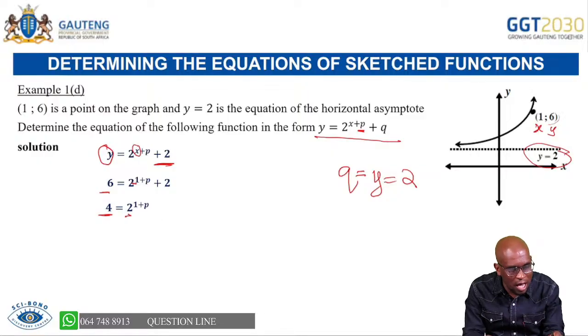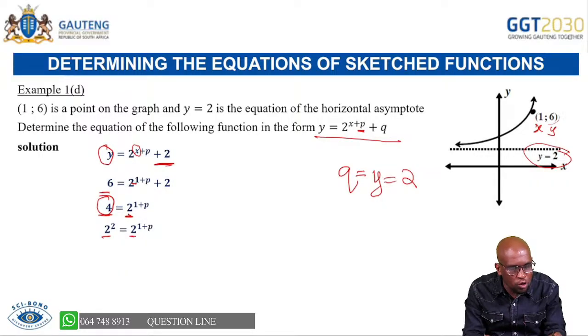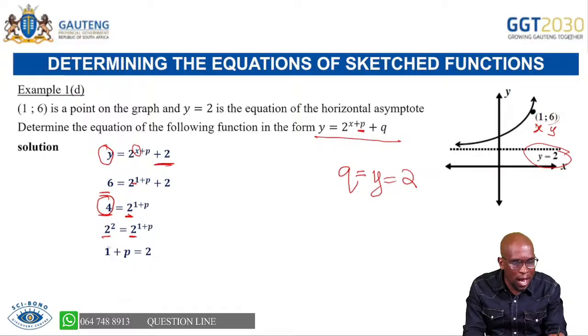We know that now we can write this in prime bases. 4 can be written with a base of 2, and that would be 2 squared. So we write 4 as 2 squared, and then we have 2 to the exponent of 1 plus p, and we apply the laws of exponents now. If the bases are the same, then we can equate the exponents. So we have that my 2 would be equal to 1 plus p.